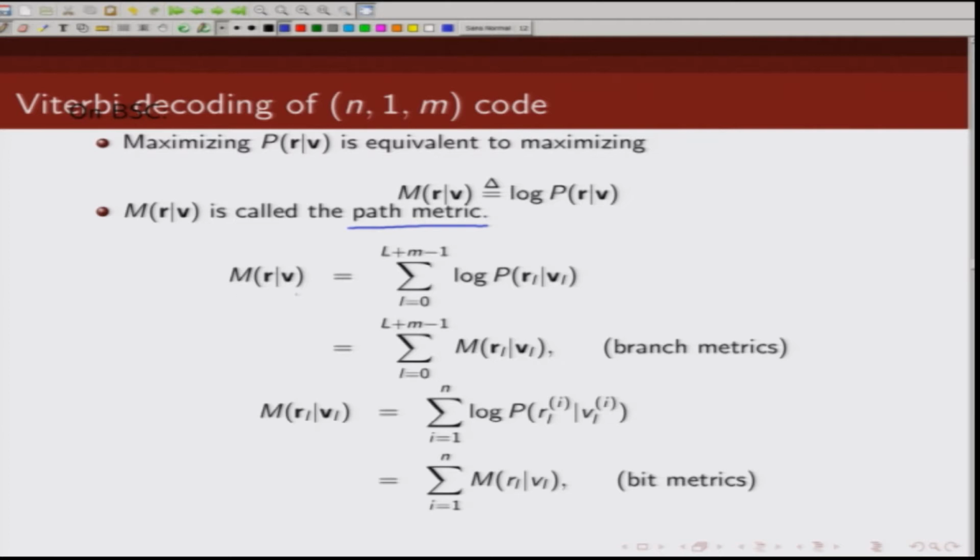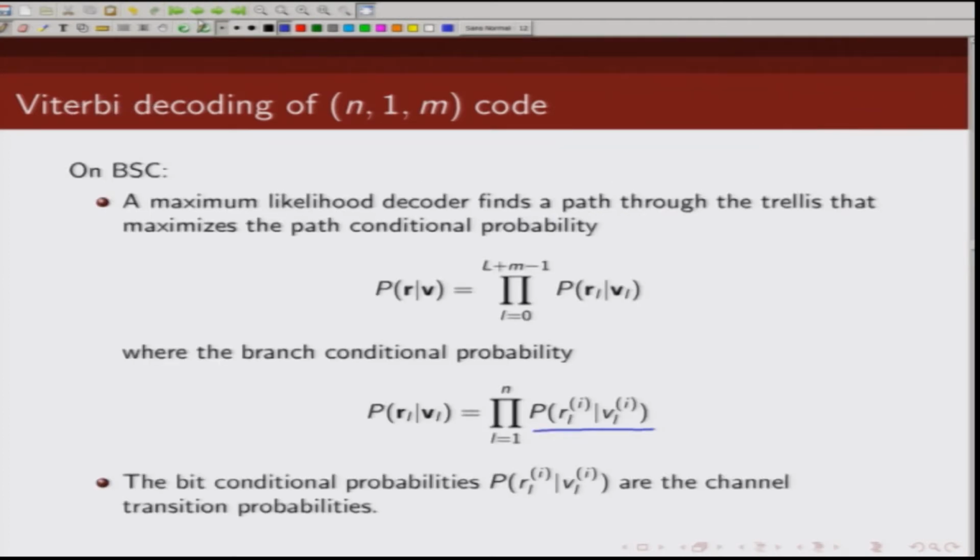Now, how do we compute the path metric? Go back and look at the expression of probability of R given V. If we take a log of this, this product term becomes summation.